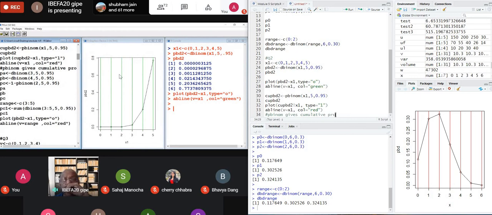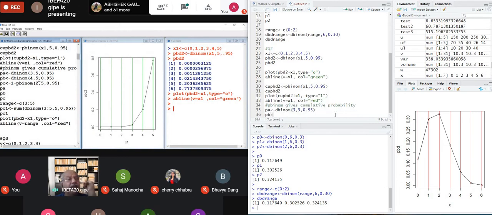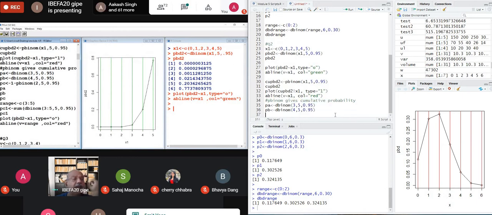On the screen you can see, as in question number 1, pbinom will give you cumulative probability. What does it mean? CUPBD, that is cumulative probability binomial distribution. Second question, that is 2.